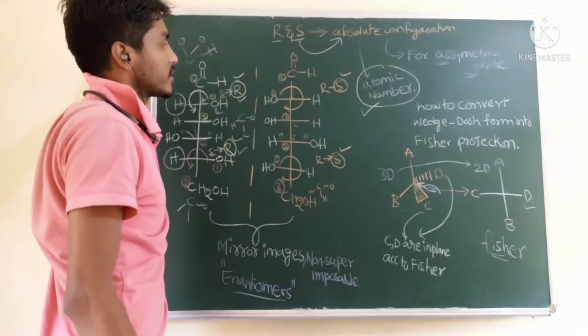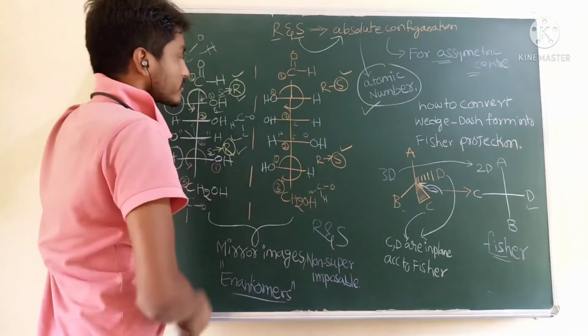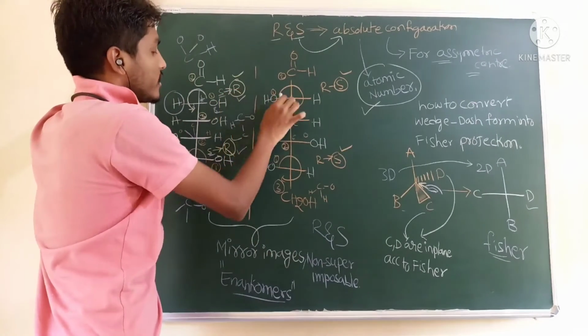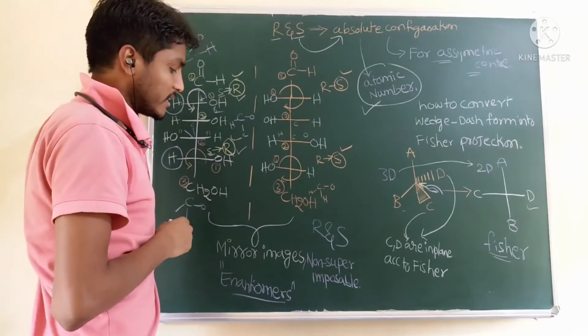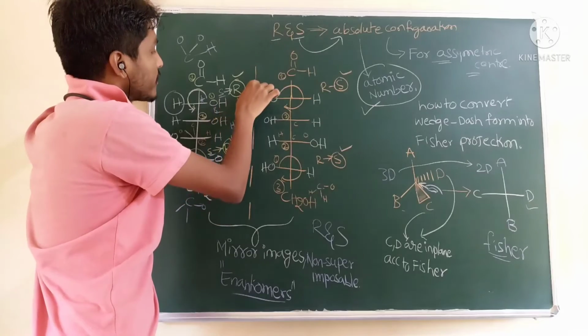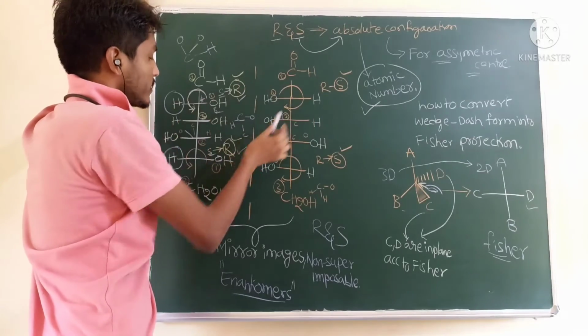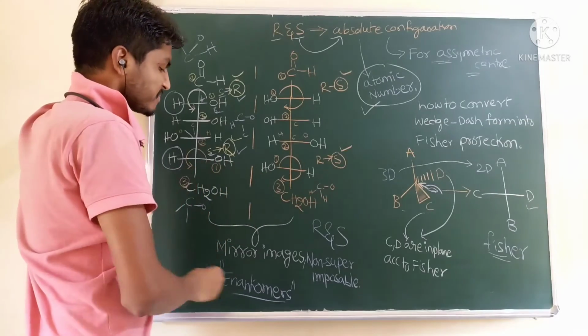R and S configuration, we can call as enantiomers. These two carbons are R and S configuration. How are they enantiomers? These are mirror images: OH, OH, H, H, and this OH, OH, H, H. Mirror images.